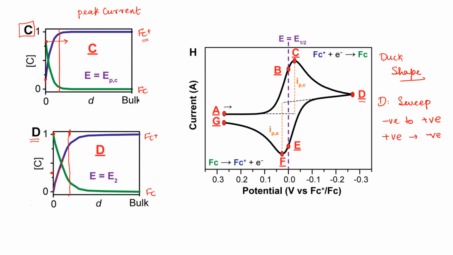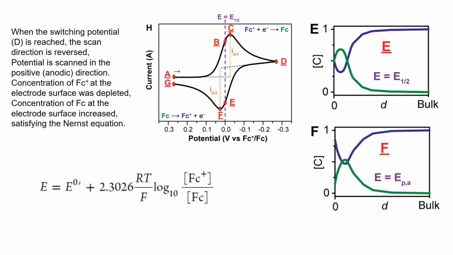What happens when it moves from D to G. Now as mentioned, when the switching potential D is reached, the scan direction is reversed, from minus 0.3 to plus 0.3.